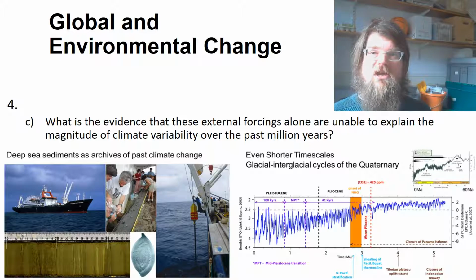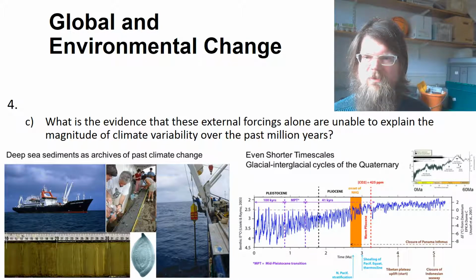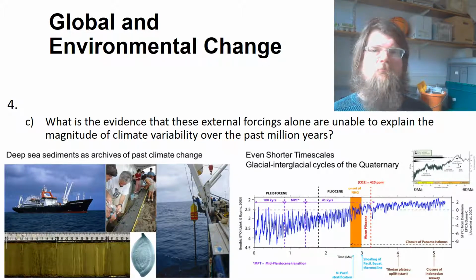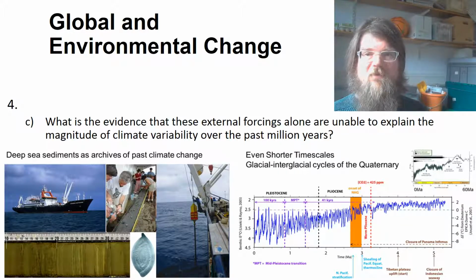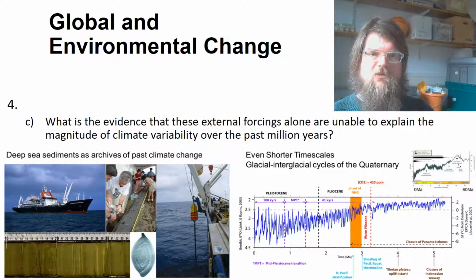And there's been no change in the types of orbital change from maybe 5 million years ago to 1 million years ago. So this means that the difference between here and here cannot be explained by orbital forcing alone. There must be something else. So that's another line of evidence that the forcing alone can't be responsible.